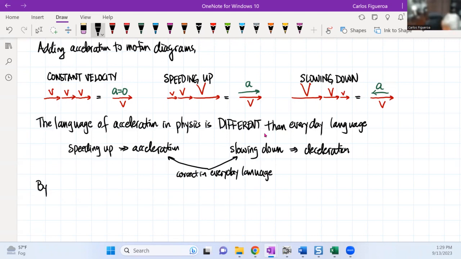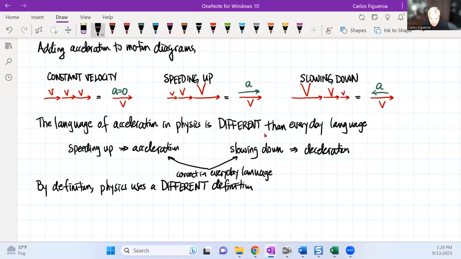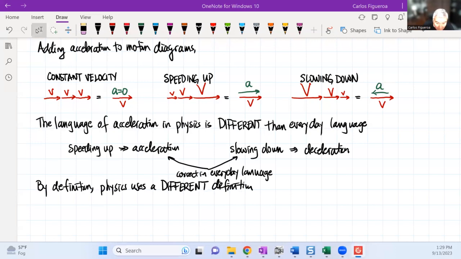By definition, physics uses a different definition. Okay, it uses a different definition. And the way we do this here is we talk about using positive and negative acceleration.